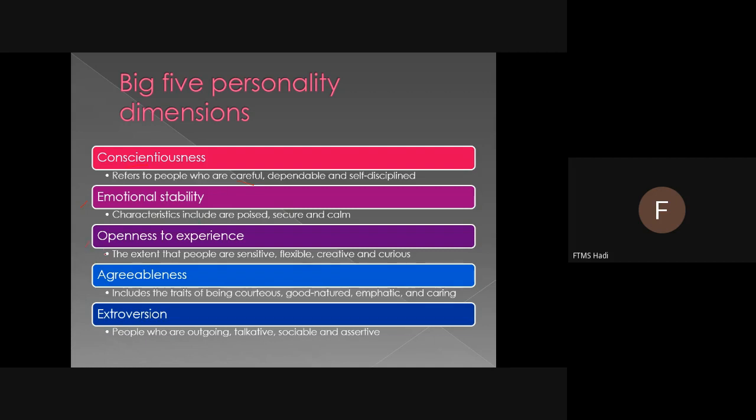Openness to experience: some people are open to experience and testing what they feel about it. Usually youth have a quite high degree of openness to experience. They like to try to smoke, they like to try to go to clubs, or play arcade games and so on. So they like to experience. Agreeableness means that they agree with each other. And extroversion: people who are quite outgoing, talkative, sociable.